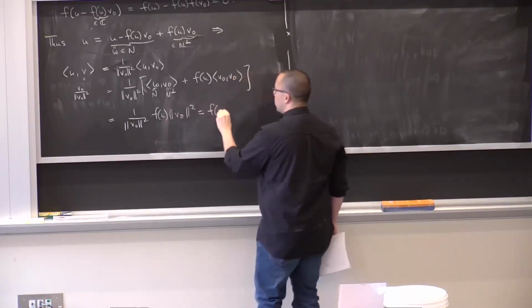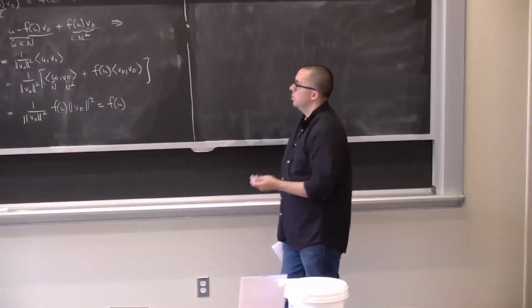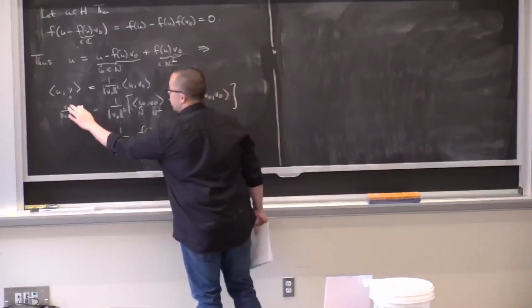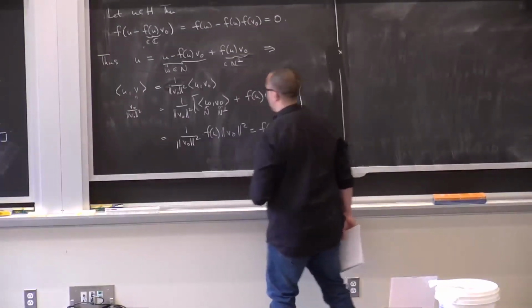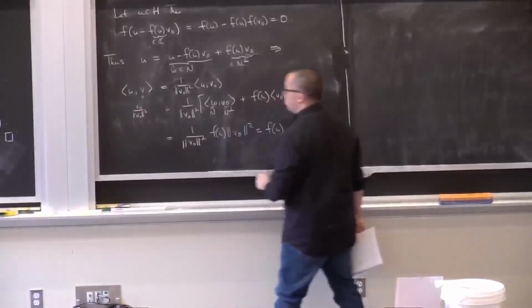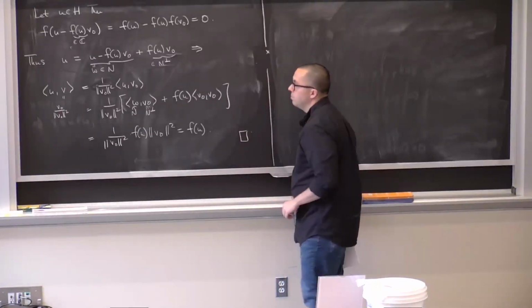And I get f of U. Okay? So I found a vector, namely this minimizer over its length squared, so that f of U is equal to U inner product with this vector for all U in H. And that completes the proof of the Riesz Representation Theorem.